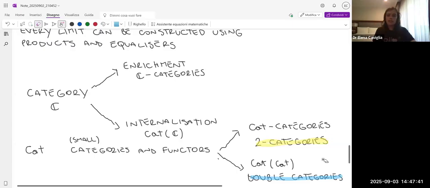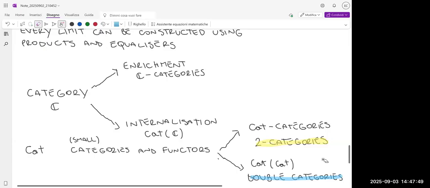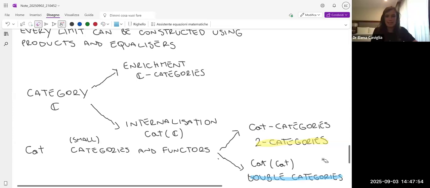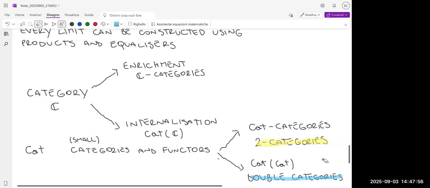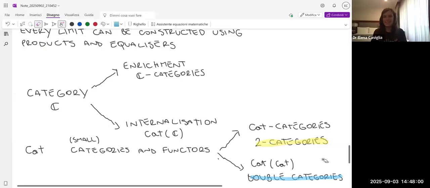For example, with associativity, it's not true that the composite of f and g and then h is the same as f and the composite of g and h, but only up to some transformation. Okay, I understand. So multi-categories are a different thing from everything we're talking about here. Yes, in a certain sense.